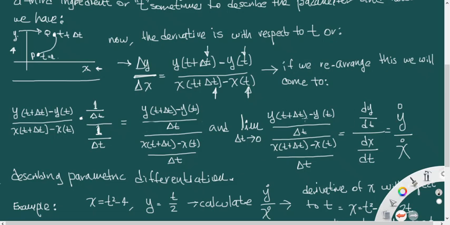And that will be equal because this is the derivative of y with respect to t, and this is the derivative of x with respect to t. So if we divide this by this, we will now have the derivative of the parametric equations of two variables depending on a parameter, in this case, t.